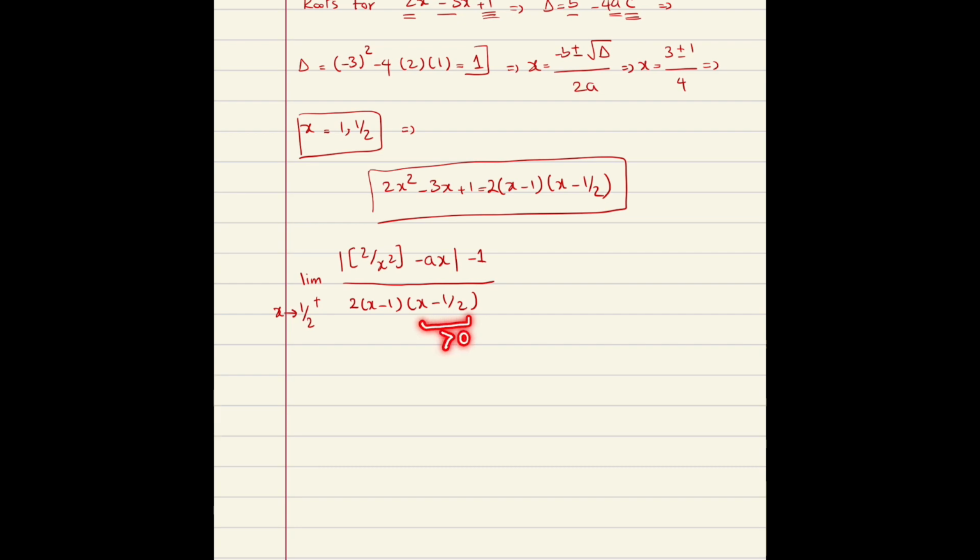So x minus 1/2, when x is approaching 1/2 from the right hand side, would be positive, x minus 1 would be negative, and 2 is positive as well, so the entire denominator is negative. We also know that the answer for this limit is positive infinity. So for sure, the numerator has to be negative.